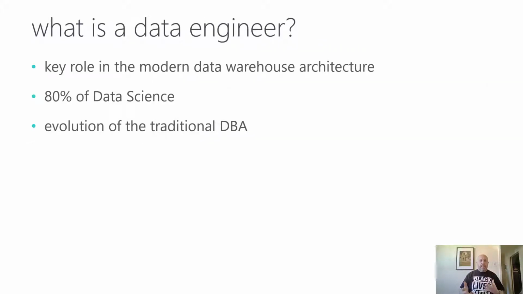Because now that we've talked about a data warehouse, let's talk about the role of a data engineer. This is a role that is becoming bigger and bigger. It's key to this modern data warehouse architecture that we're talking about today. One thing you'll hear is that 80% of data science is really data engineering. And in fact, it's probably closer to 90%. In a way, this is analogous to traditional BI.